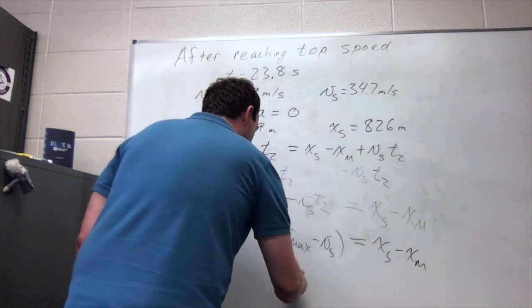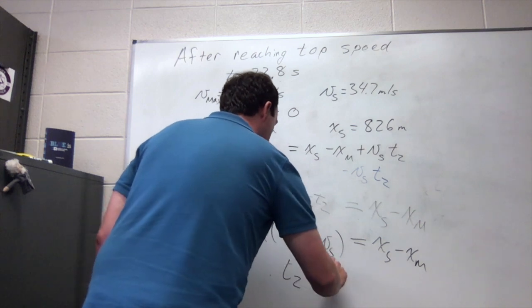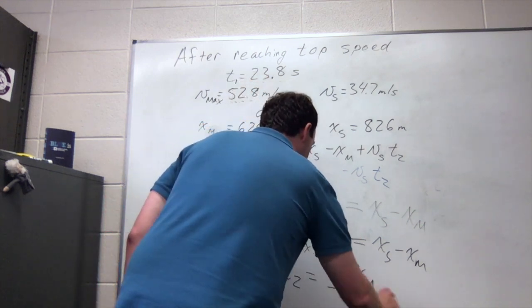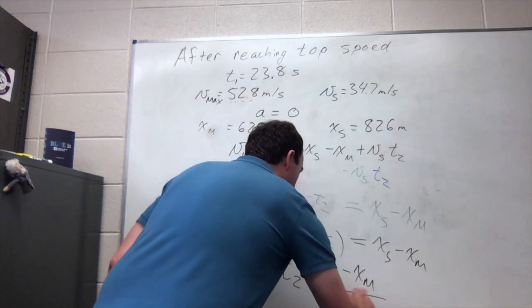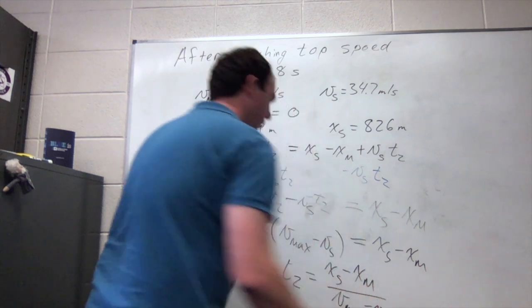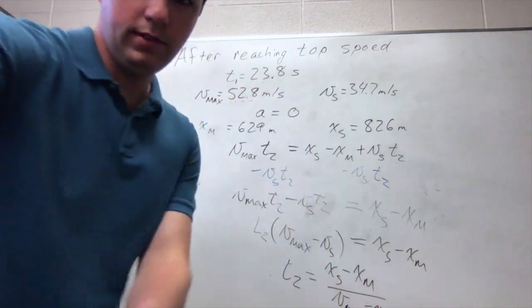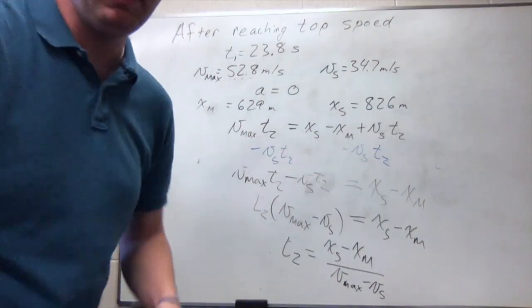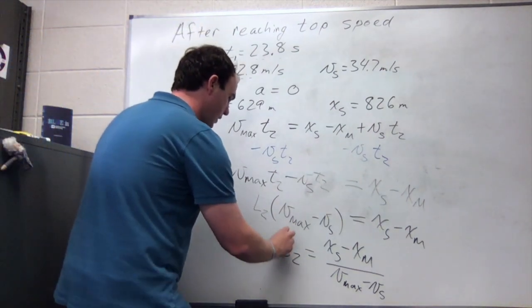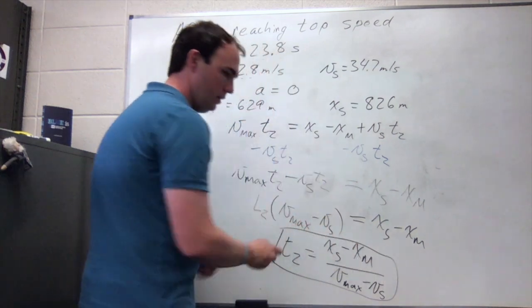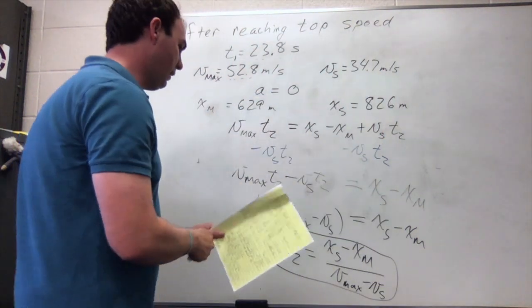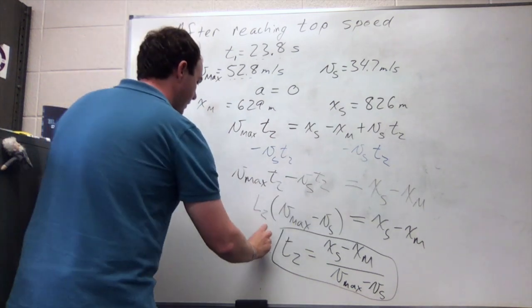So I'll get T2 is equal to XS minus XM divided by V max minus Vs. V max minus Vs on the bottom. So this gives me time 2, which if I plug all that in, I will get 10.9 seconds.